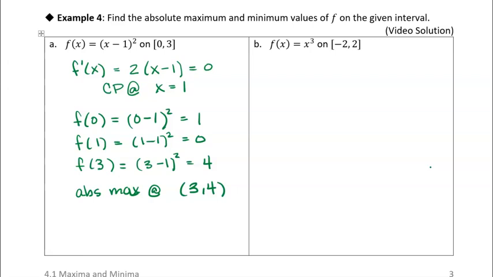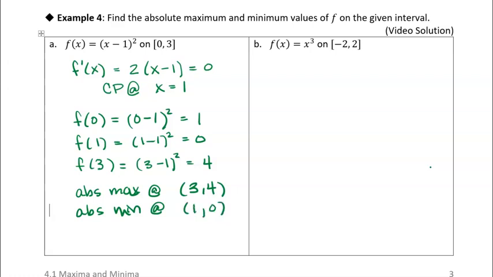All right, that's where my absolute maximum is, because that's the highest value of f. And the absolute minimum, the lowest value of f is 0. So it looks like at (1, 0), that's my absolute minimum.